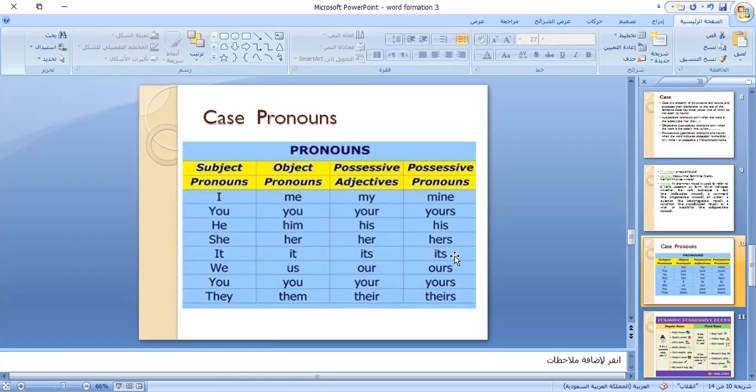It's here is not it apostrophe is, which is originally it is. Here it's a possessive pronoun. Ours, yours, and theirs. These are the four forms of pronouns, the four cases of pronouns. In each case, we have a different word. This is a part of word formation.